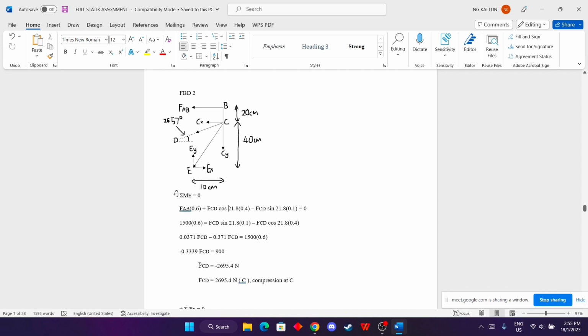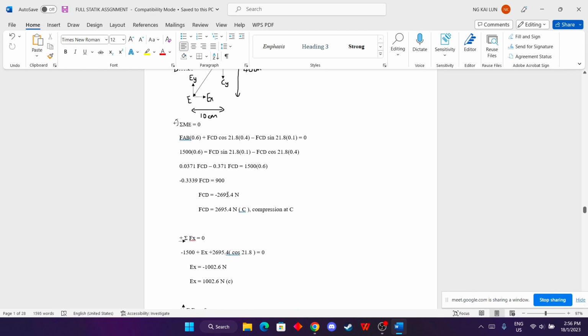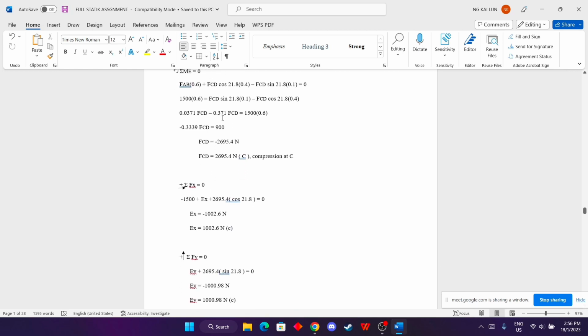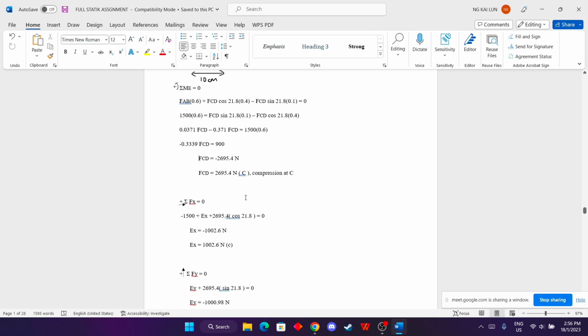You can find out that FDC equals 2695.4 Newton, and it's pointing in the opposite direction from my original free body diagram. Since we found FDC, we can find the sum of Fx: 1500 plus EX plus 2695.4 times cos 21.8, which is here.